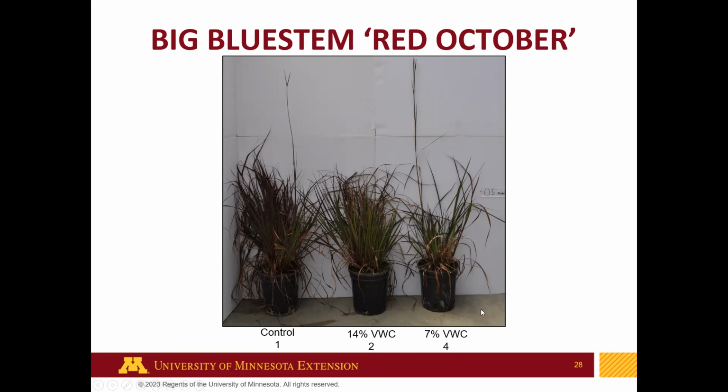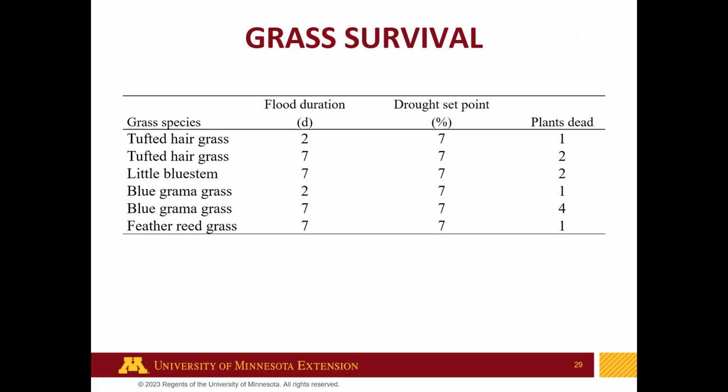And then if you look at the 7% volumetric water content treatment, it only had a rating of 4. And when you look across those plants, you can certainly see that drought had an impact on size. But overall, the plant looks pretty good. So we were pretty impressed with big bluestem, how it fared here.